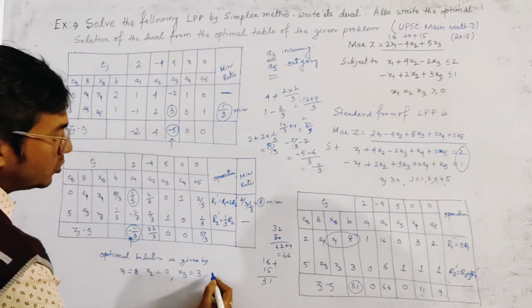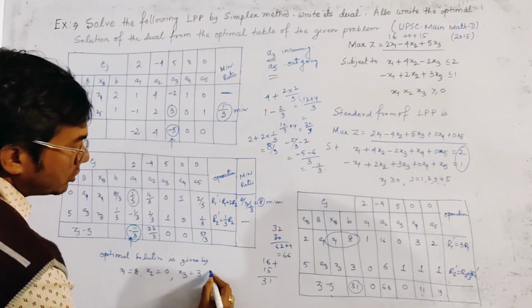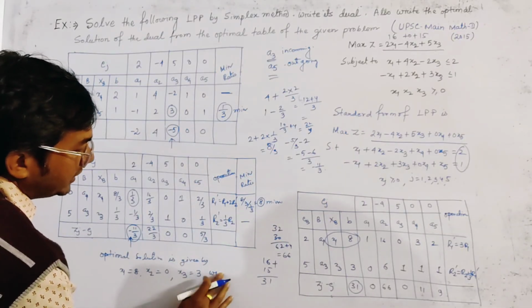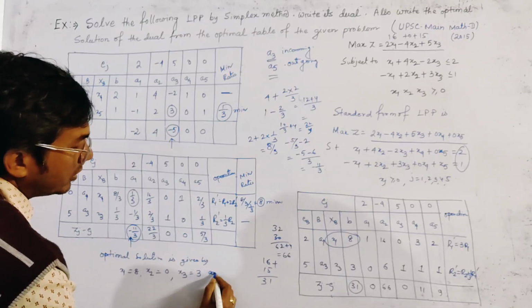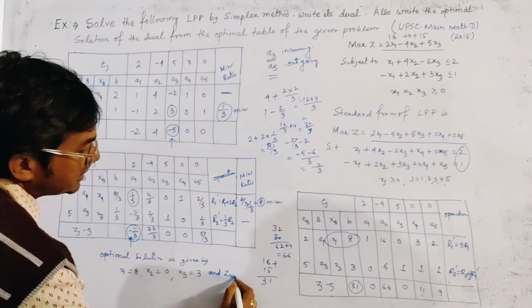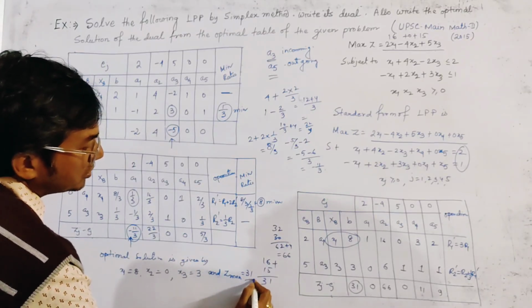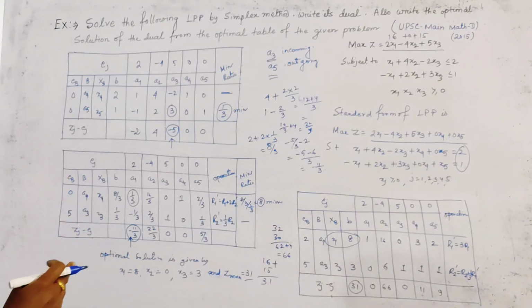And we must also write z max equal to 31. This is the solution of the problem by simplex method.